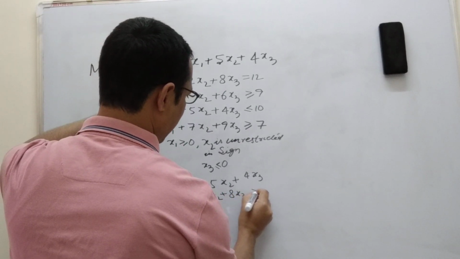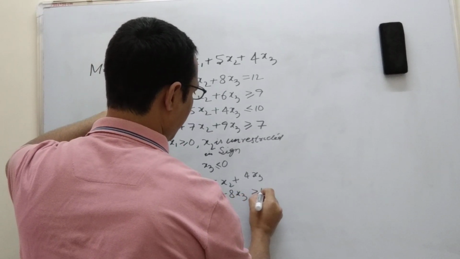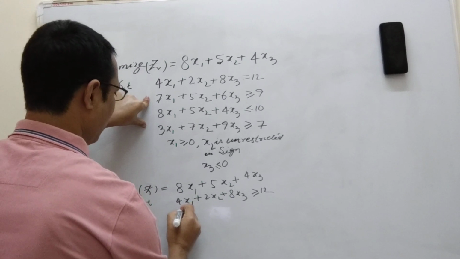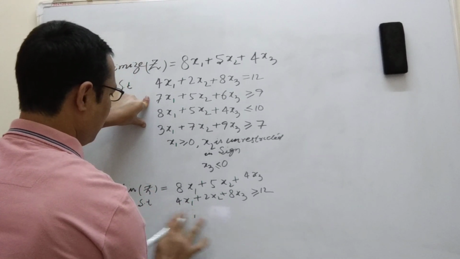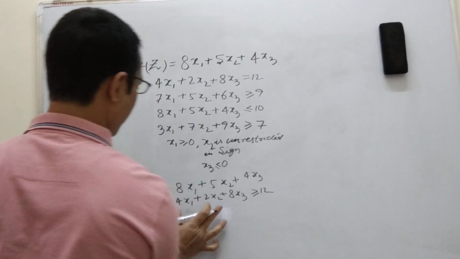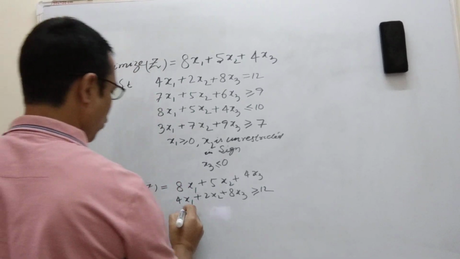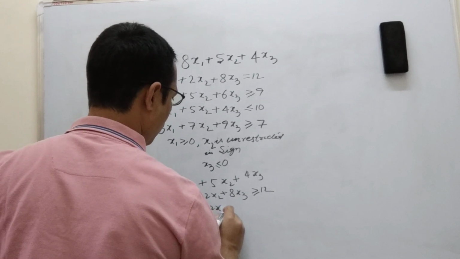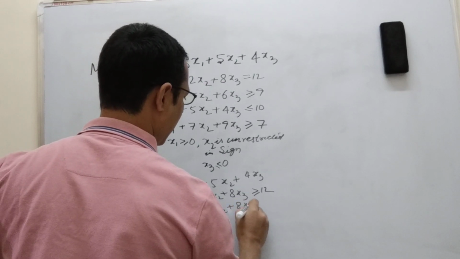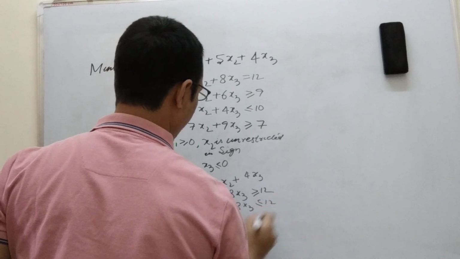So one you can write in greater than equal to form, and in the second you can write 7x1, the same constraint you can write twice. So 4x1 + 2x2 + 8x3 less than equal to 12.